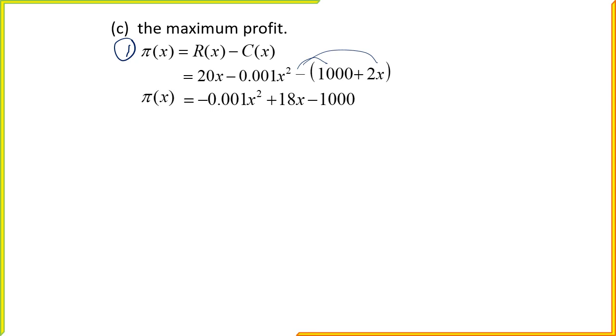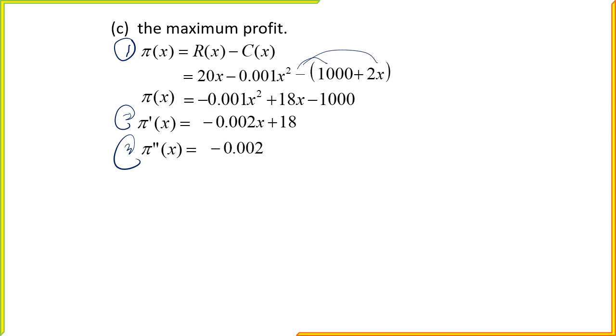So the second step is finding the derivative of the profit function, which is equal to negative 0.002x plus 18. And then we can directly check whether the maximum profit exists by finding the second derivative. Pi double prime x is equal to negative 0.002, which is always less than 0, so the maximum profit exists.